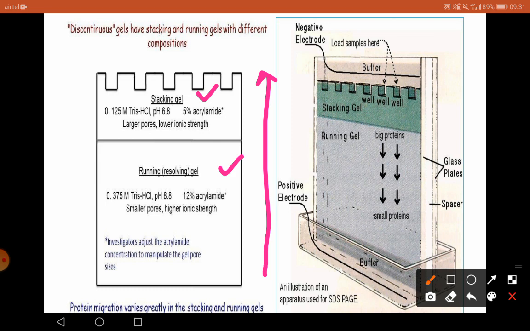In the stacking gel, the percentage of acrylamide is around 5%. When we come to the running gel or resolving gel, the percentage of acrylamide is 12%, right? So here the porosity of the gel will be a little bit wider, and here the pores are small. Okay.